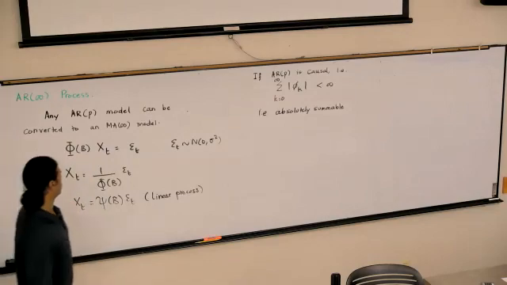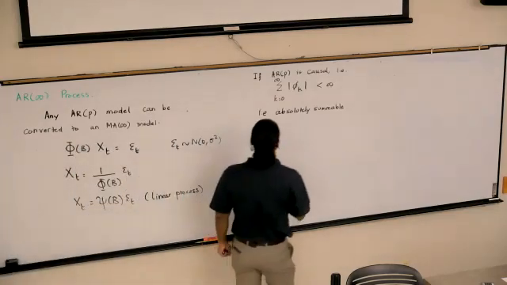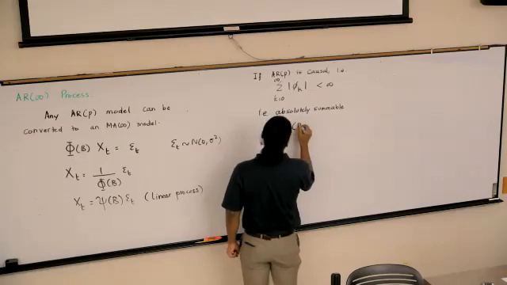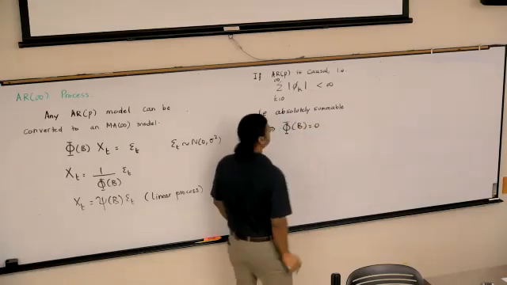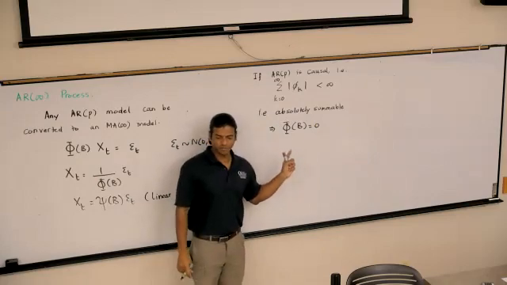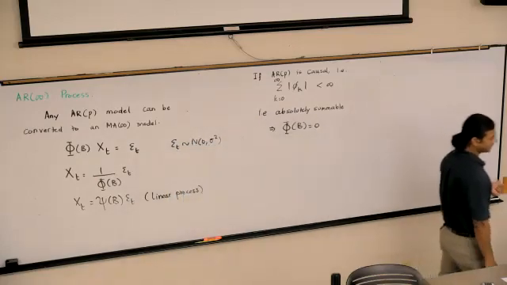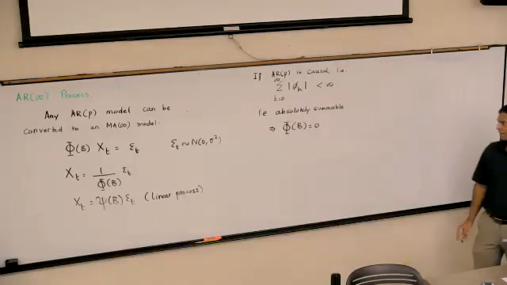In other words, for the characteristic polynomial, of course, you've got to change the B to a letter z and then solve for it.